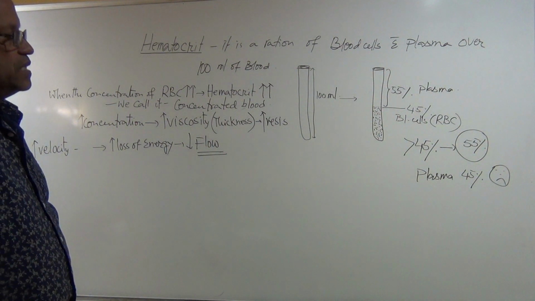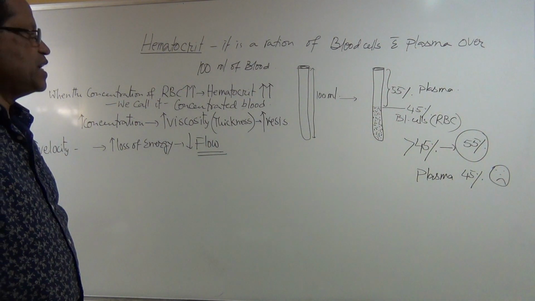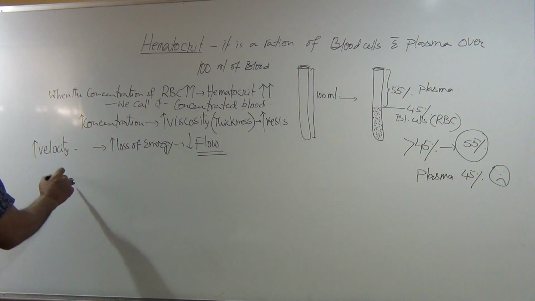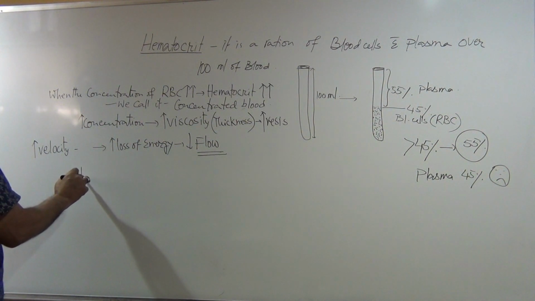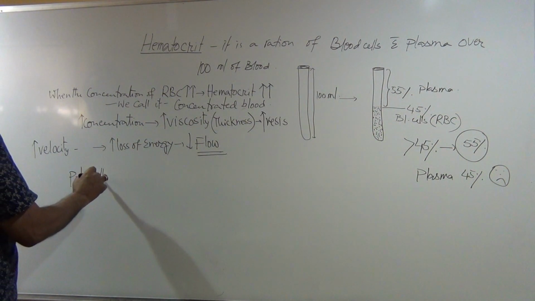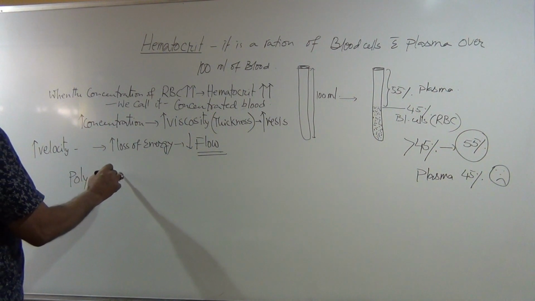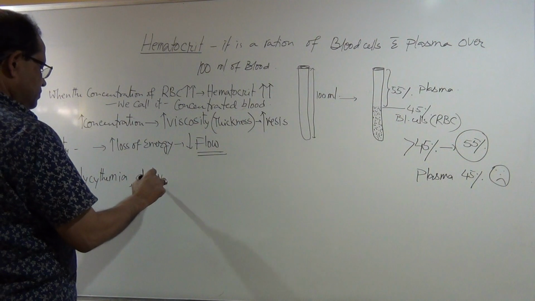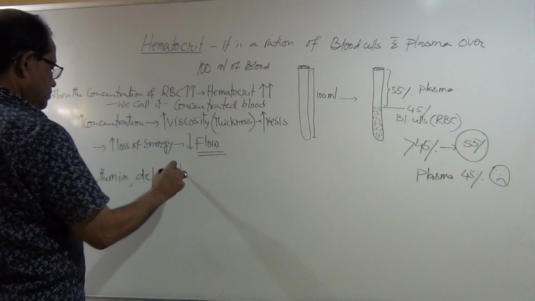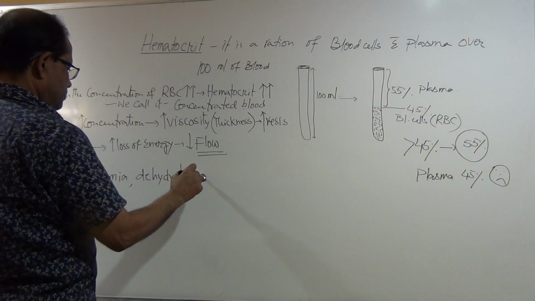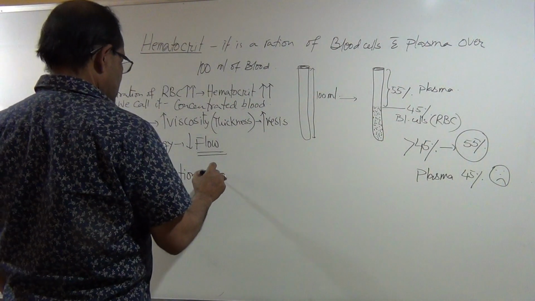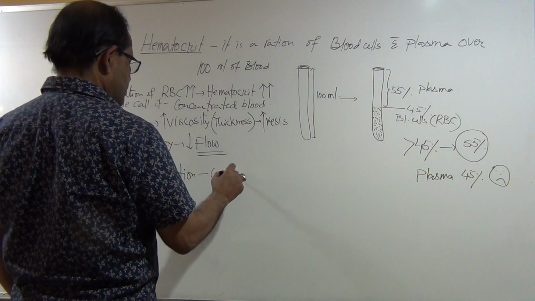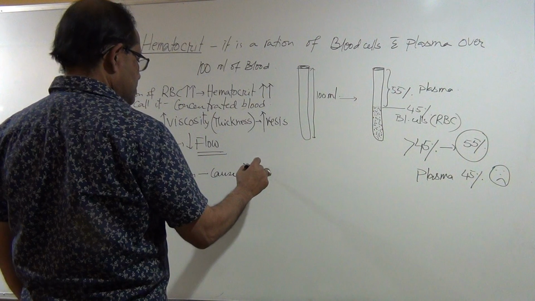excessive RBC, known as polycythemia, and dehydration cause increased viscosity.